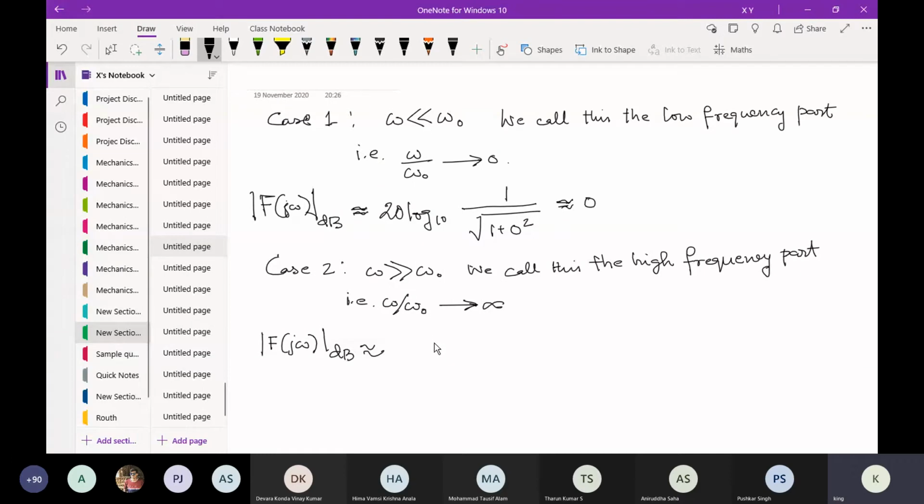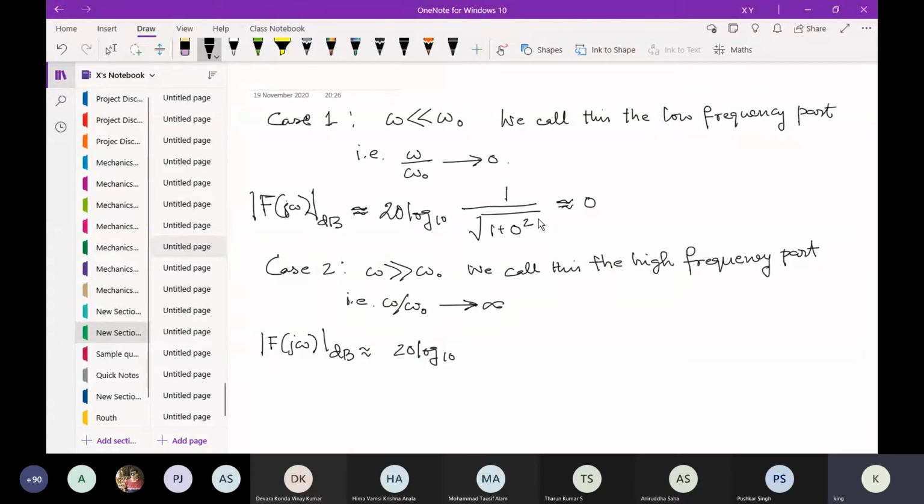In decibel will therefore be tending to... we can kind of do a little simplification out here. We can do two things.